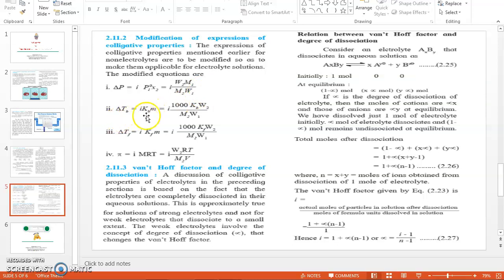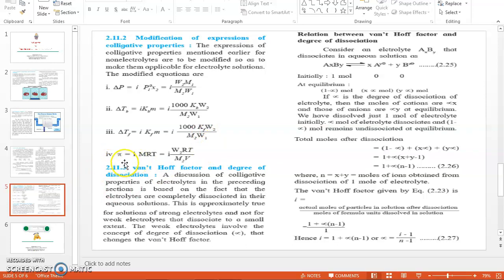Delta Tb, the elevation of boiling point, is i Kb m, which is i into 1000 into Kb into W2 divided by M2 into W1. Delta Tf, the depression of freezing point, is i Kf m, which is i into 1000 into Kf W2 divided by M2 into W1.